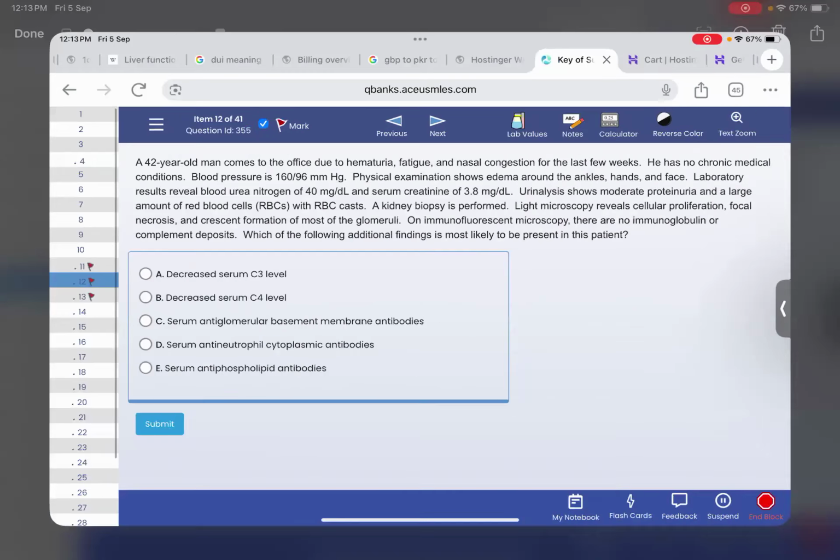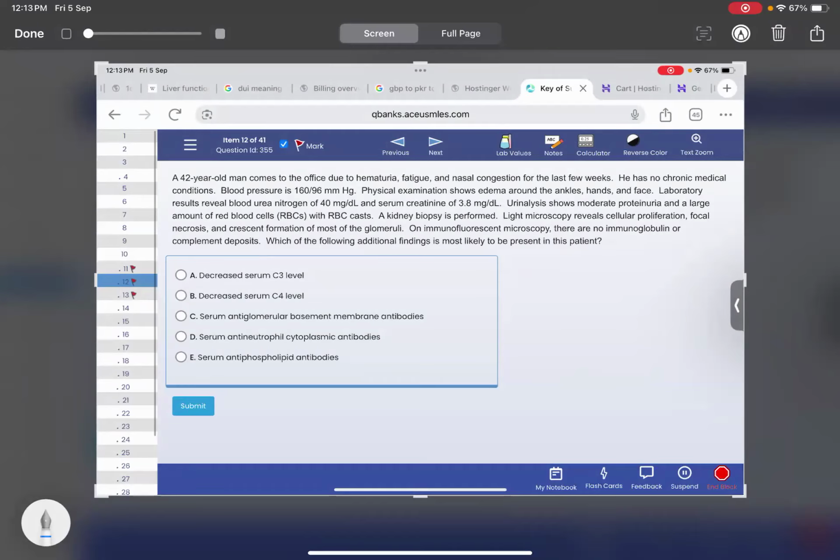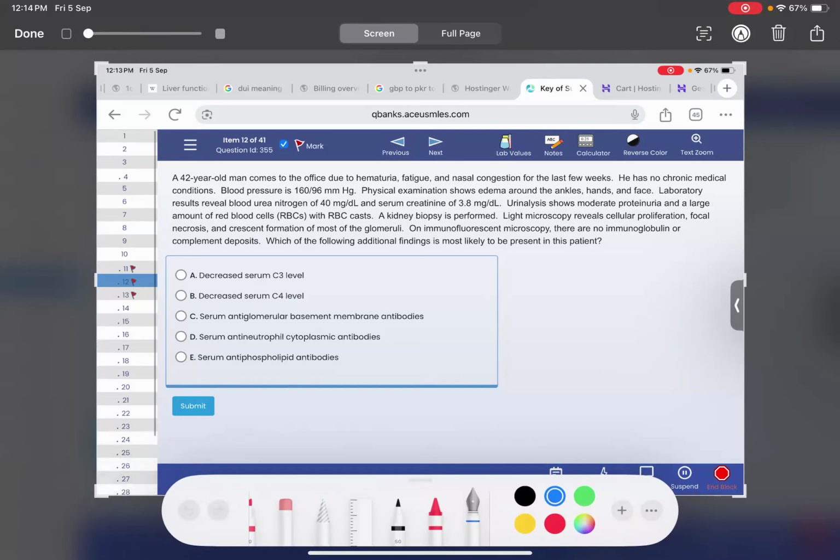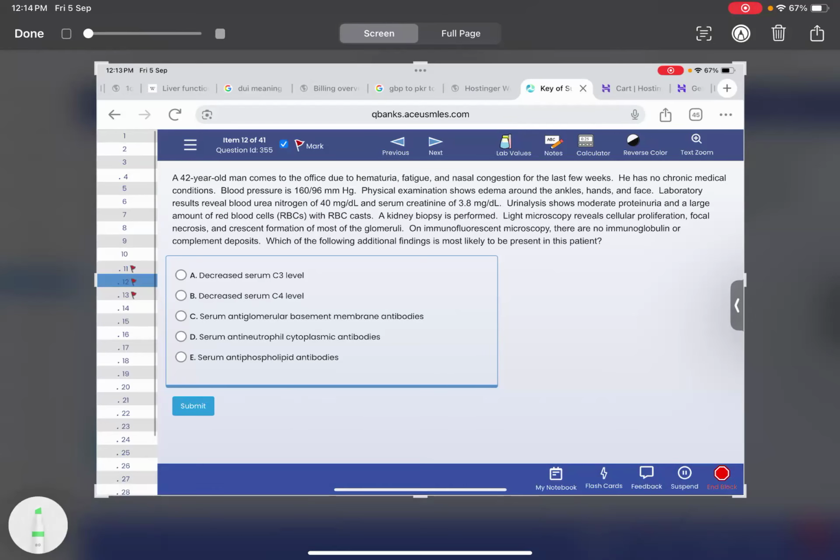Urine analysis shows moderate proteinuria and a large amount of red blood cells with RBC casts. Kidney biopsy is performed. Light microscopy reveals cellular proliferation, focal necrosis, and crescent formation of most of the glomeruli. On immunofluorescent microscopy, there are no immunoglobulins or complement deposits.